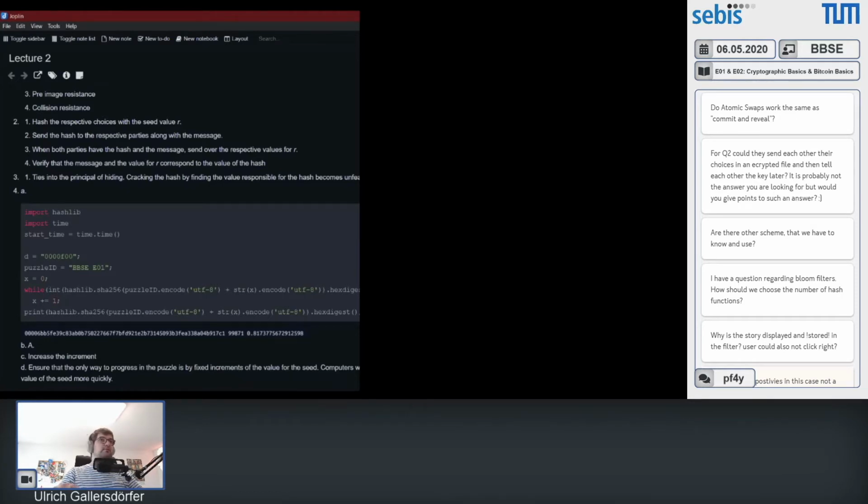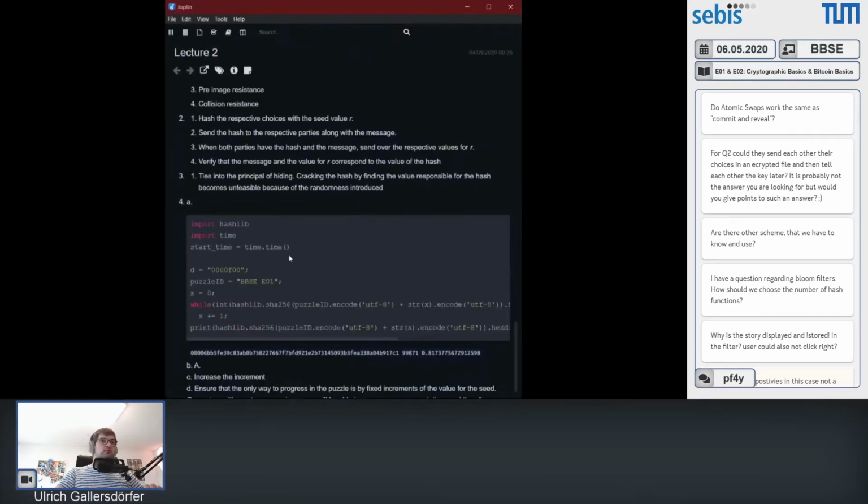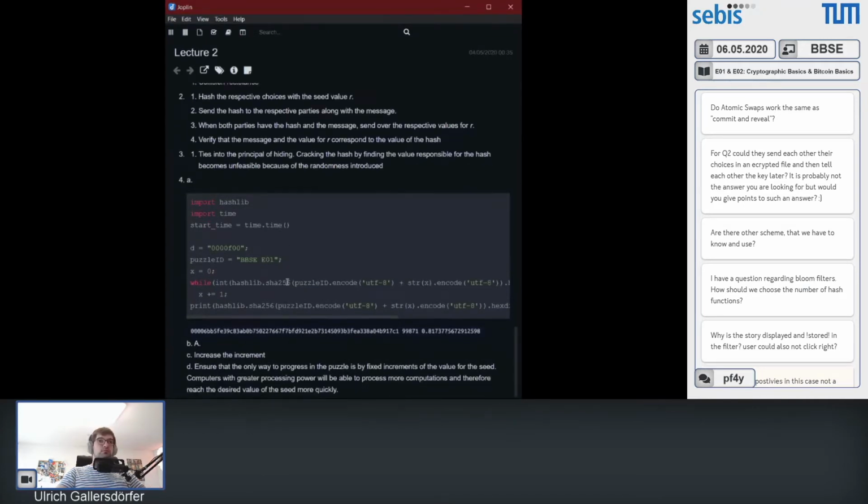So now it works. Continue. I use the puzzle ID and the hashlib function from Python, and I just compute the hex digest and try to find the first value that's lower than the provided D.